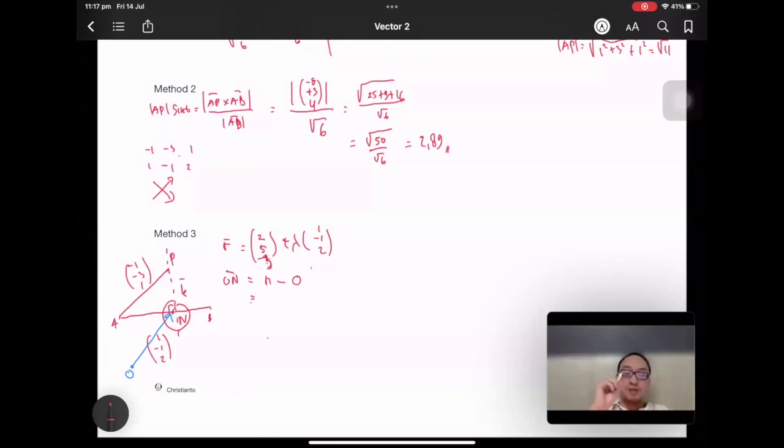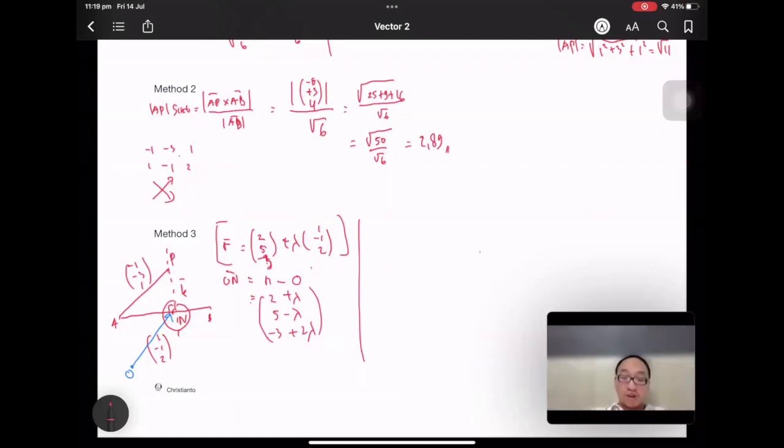So that means the N will satisfy this equation. So that means coordinate of N is 2 plus lambda, 5 minus lambda, -3 plus 2 lambda from the line equation.